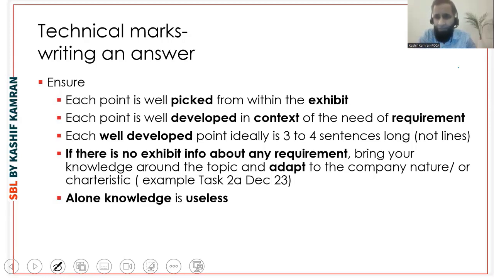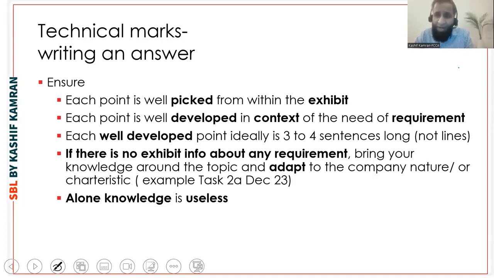SBL paper. But if 70 to 80% of your points in the answer are generic points, you're writing the impact on reputation generally. You're not linking the impact on reputation to NC Tech. You're just writing a general reputation impact on any organization. That's useless.